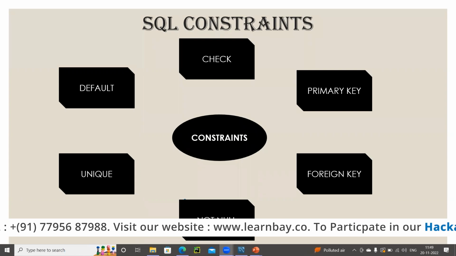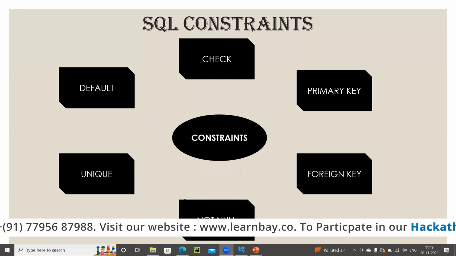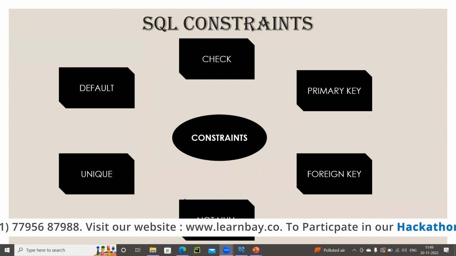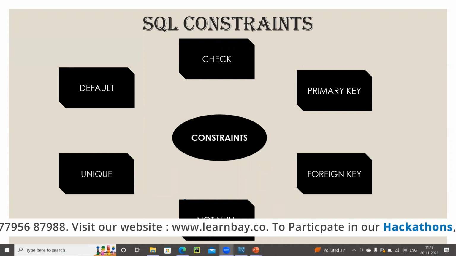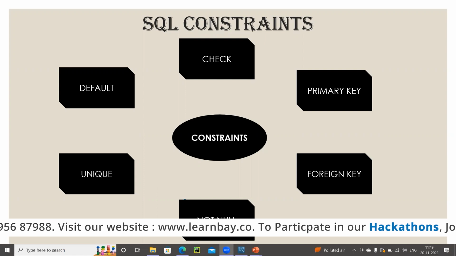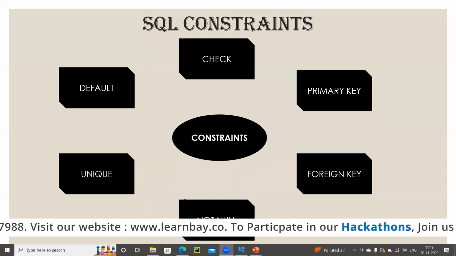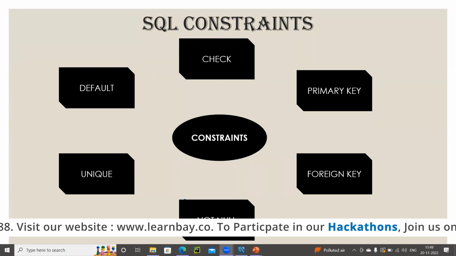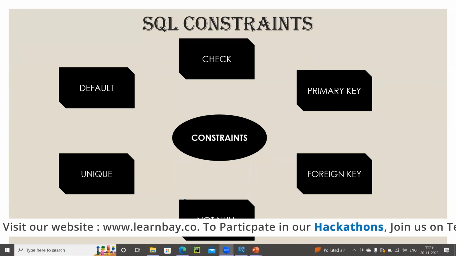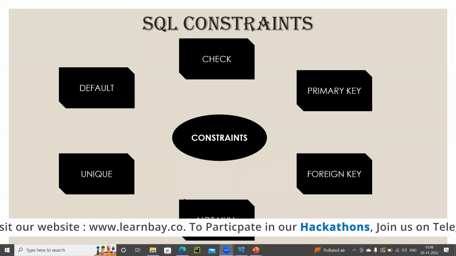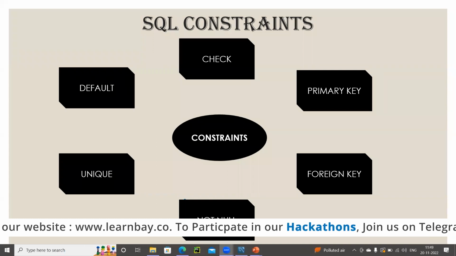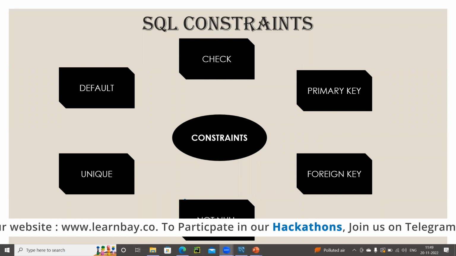So I will not be finding, to my surprise, new values inside the university name field. All the values inside the university name have to be the same. For example, if ABC is my university name, then all the records should have the university name as ABC only, right? That can be another constraint.